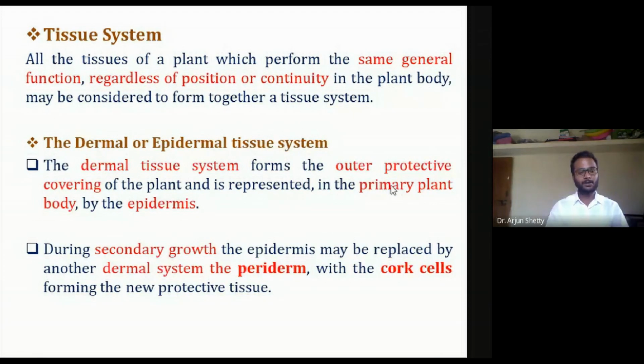And today we are talking about the dermal or epidermal tissue system. Again, what do we mean by dermal tissue or epidermal tissue system? Nothing but the outermost protective covering of the plant body.